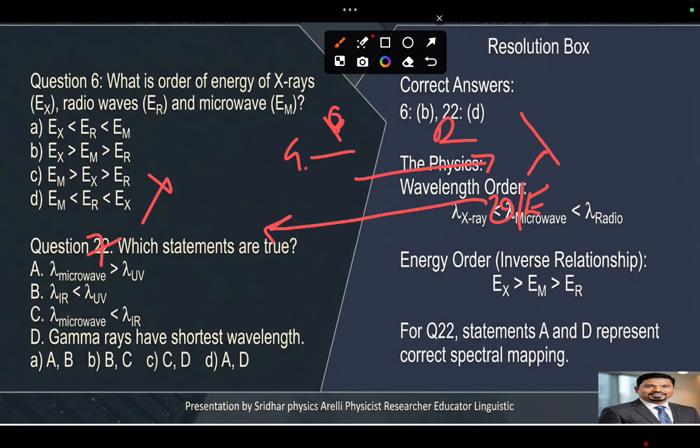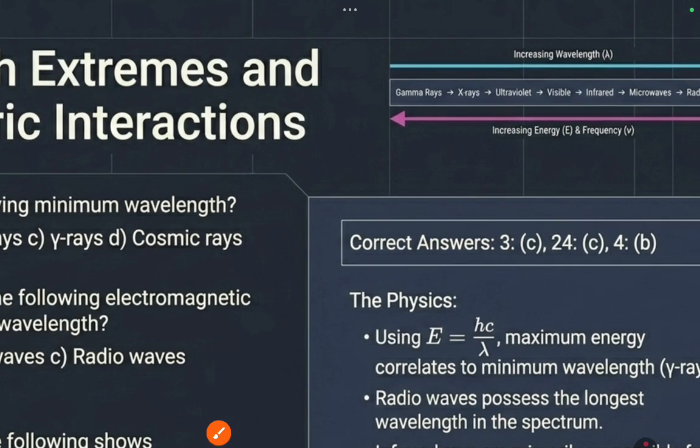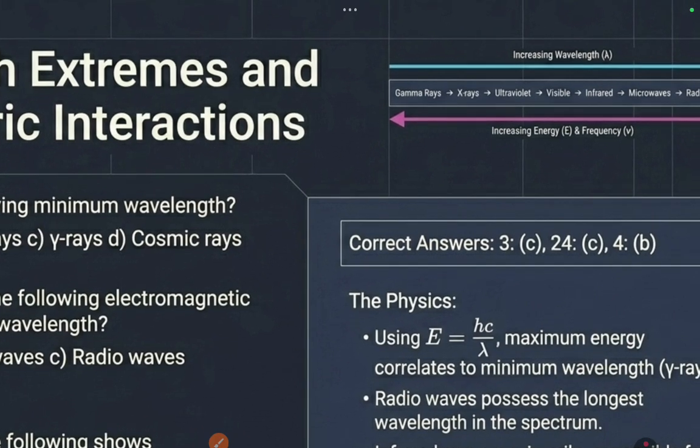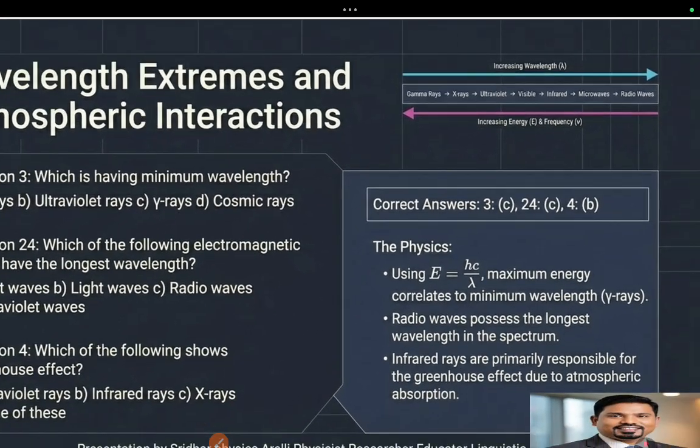X-rays. Just you can see here. Gamma, X, UV, visible. So that is about the energy, which is having the highest energy: gamma. Gamma after X-rays, X-rays after ultraviolet, visible. Highest energy for gamma, X-rays, ultraviolet, visible, infrared, micro, and radio.